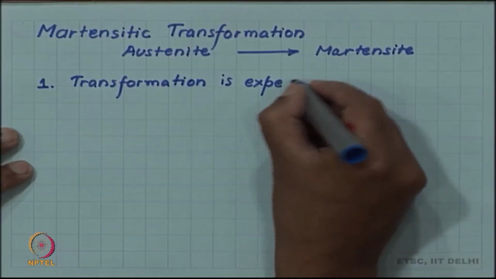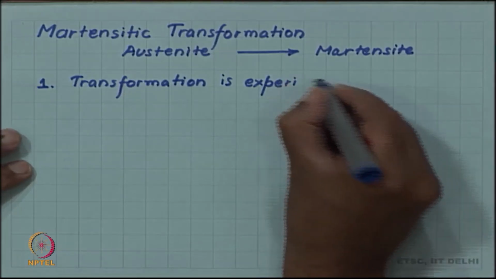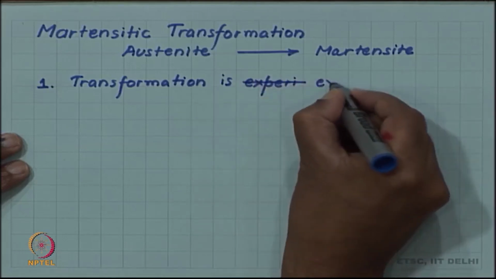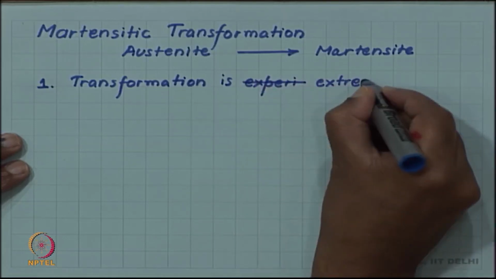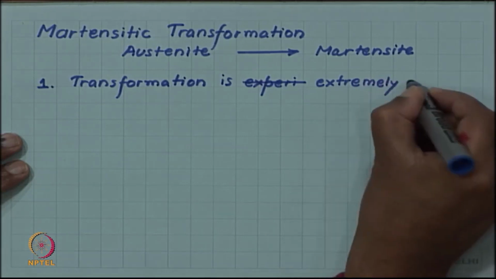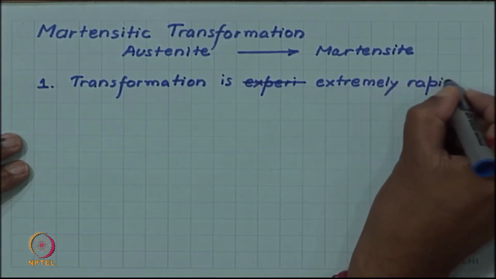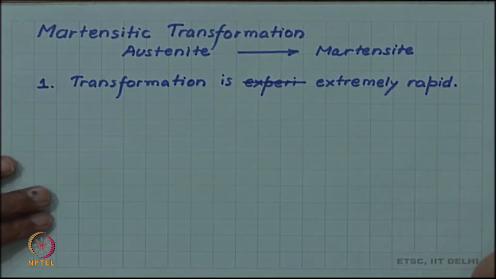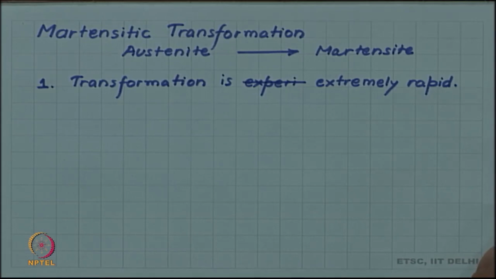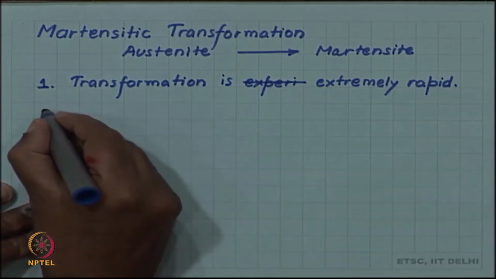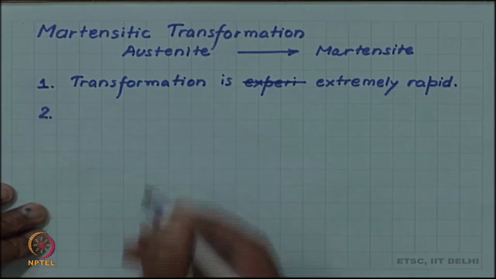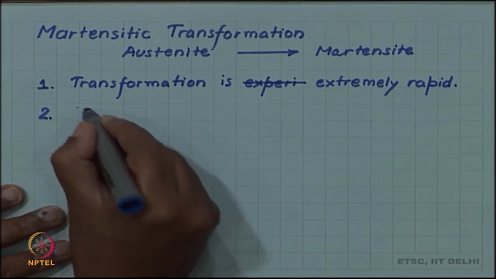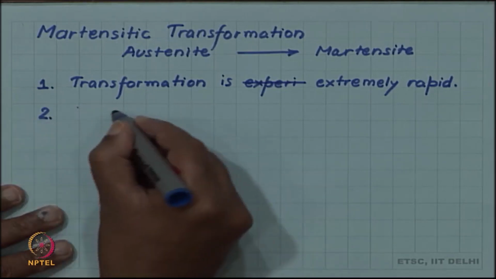So, the transformation itself is extremely rapid. It completes in no time. And since it completes in no time, we see that the rate of transformation does not depend upon temperature.